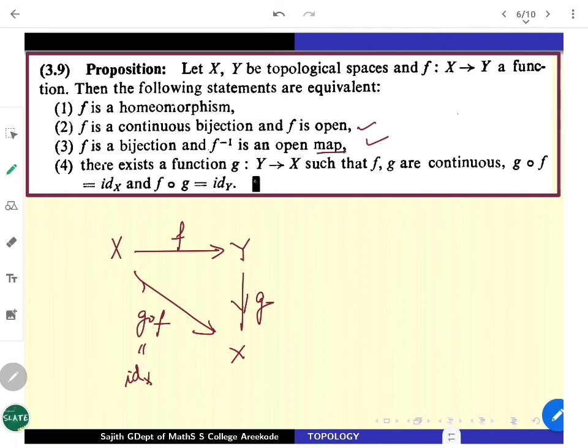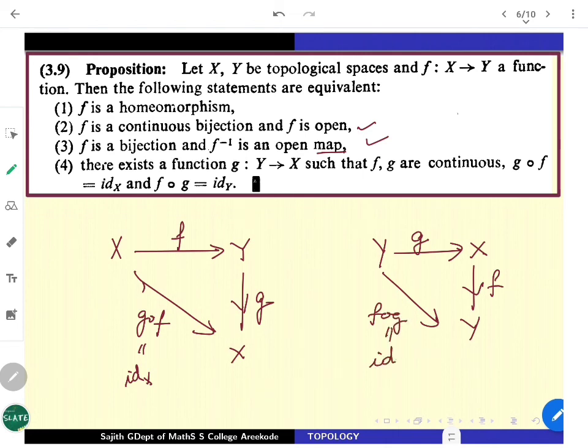The second part gives something very similar. You start with y to x, where g is there, then x to y, where f is working. So just look at f dot g. If it is the identity function on y, then what you are going to get is a homeomorphism. Why are they equal to the other three statements?